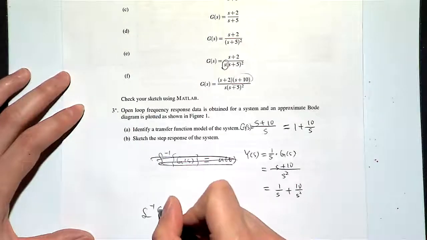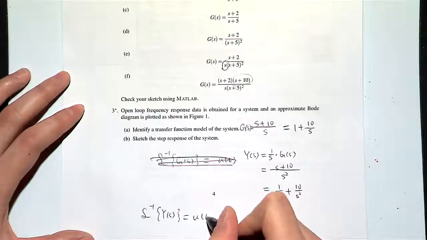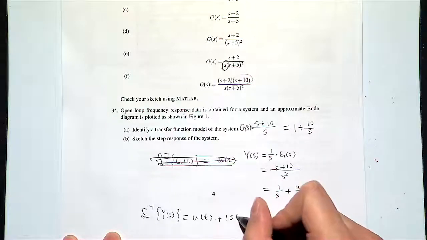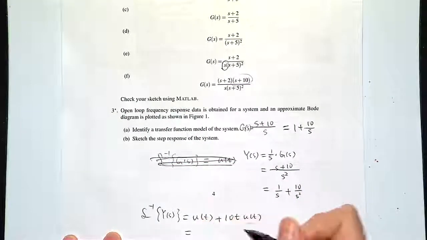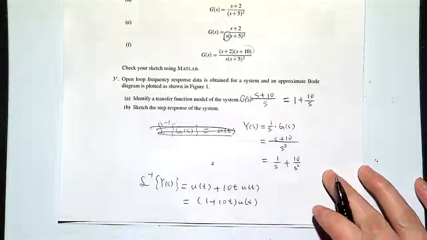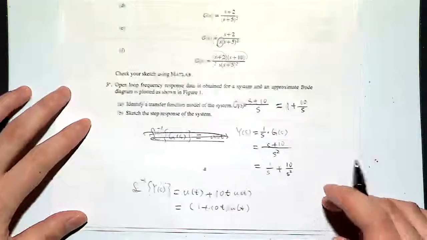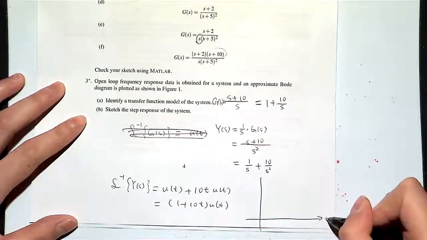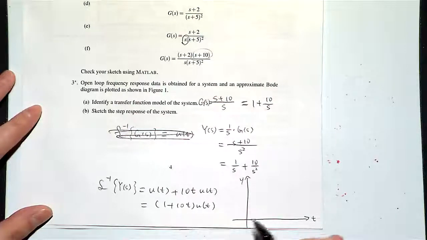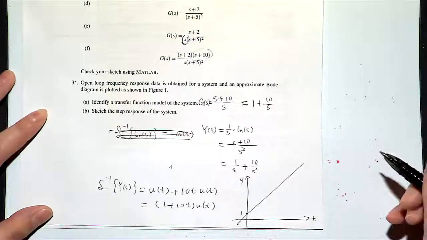Now you can do the inverse Laplace transform to your output, and that gives you, this is just a unit step. This is 10 times t, right? So it's 1 plus 10t, right? And now you can sketch it. So this is just a straight line, right? And the slope is really just 10.